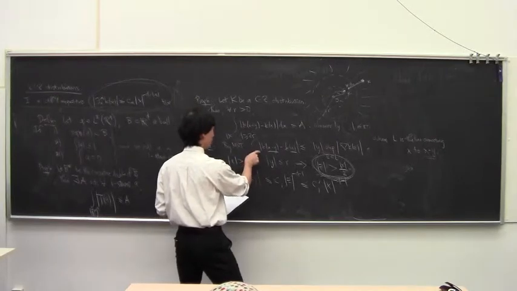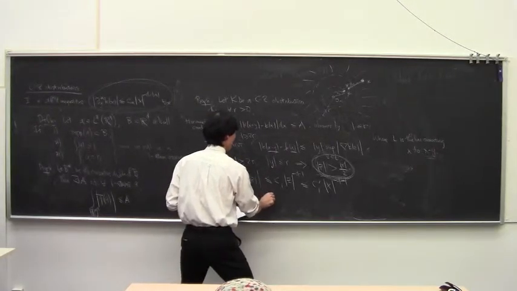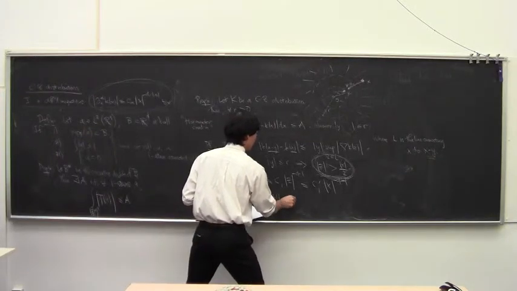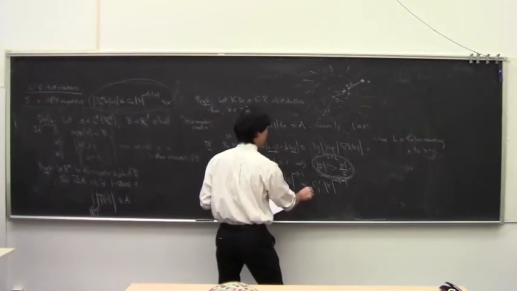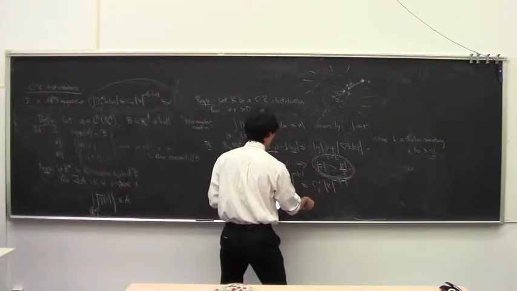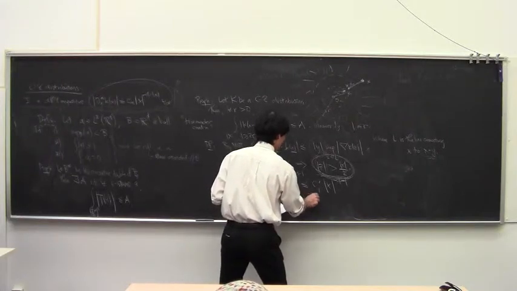From this inequality, that gives us that a of x minus 1 minus a of x is less than or equal to y, where y is smaller than r, and then we have this constant times x to the negative b minus 1.